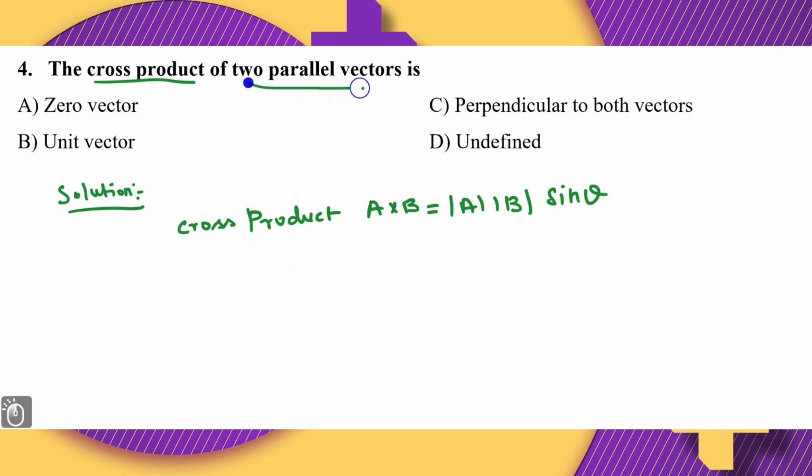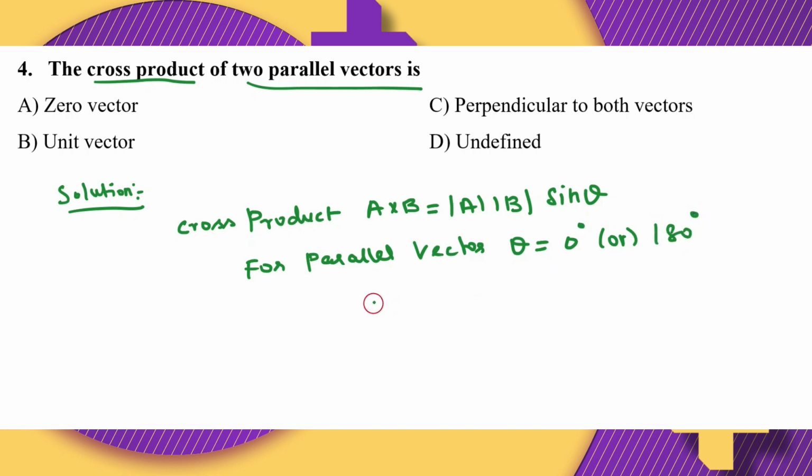Dot is for perpendicular, cross product is for parallel vectors. For parallel vectors, theta is equal to 0 degree or 180 degrees. So sin 0 is equal to what?